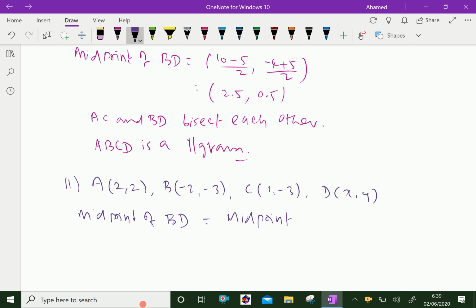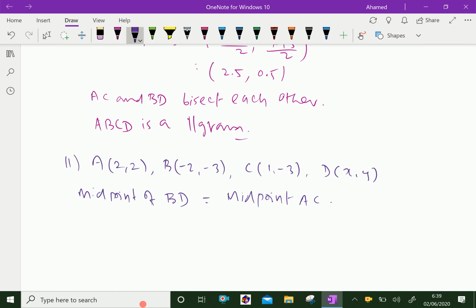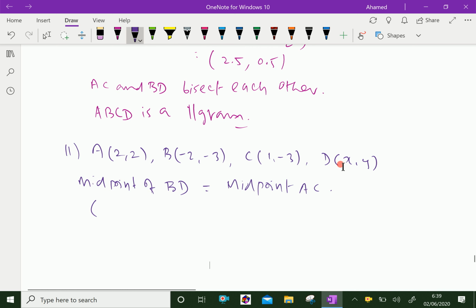So the midpoint of BD is here, B and D: (-2 + x)/2, and for the y values of BD, (-3 + y)/2.